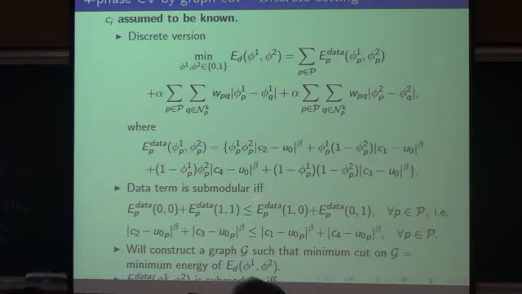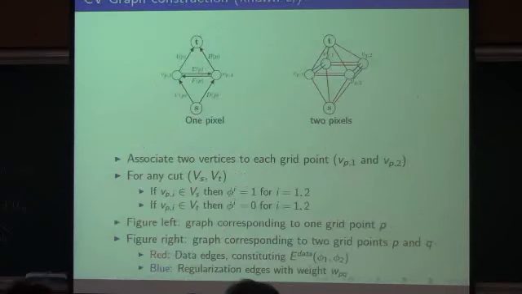And now we are trying to use a graph cut to solve this problem. Those things will come later when we talk about submodularity. The first thing is how do you construct a graph to solve the multiphase Chan-Vese problem? The graph we construct, in fact, is built this way.